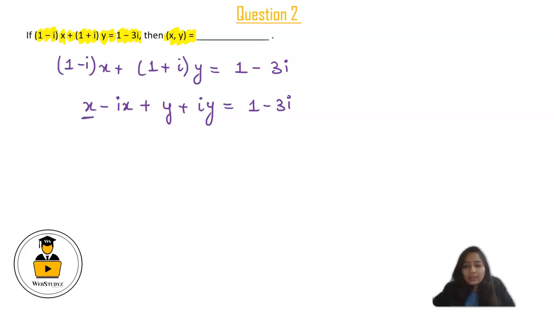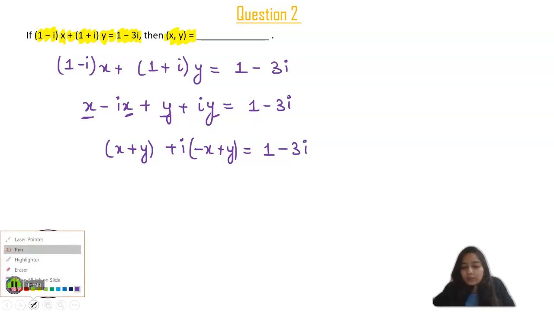Here we add real part with real part, so we have x plus y, and iota common. Now the imaginary part is minus x and here y, so minus x plus y, equal to 1 minus 3 iota.